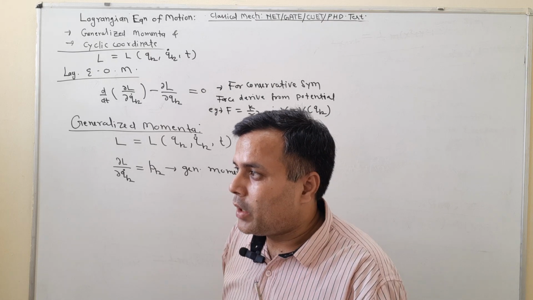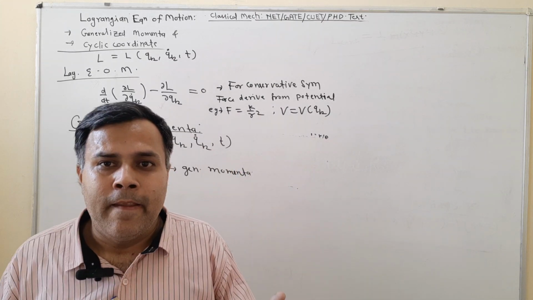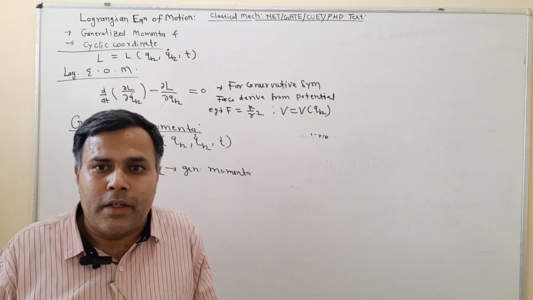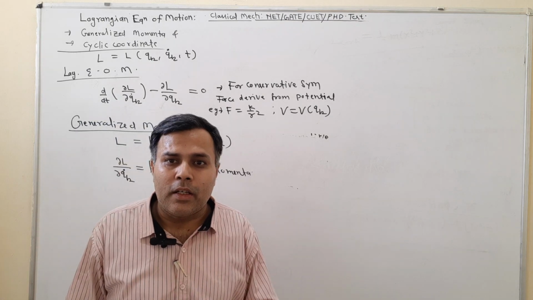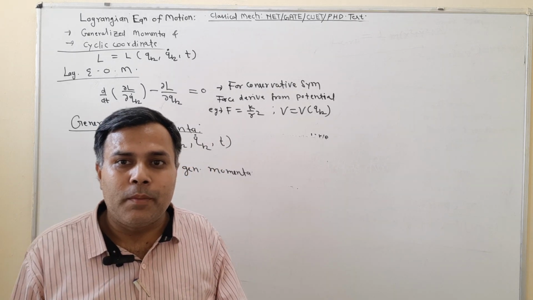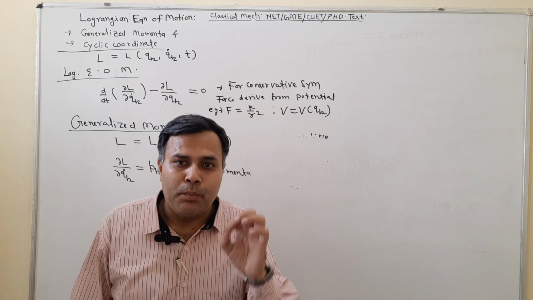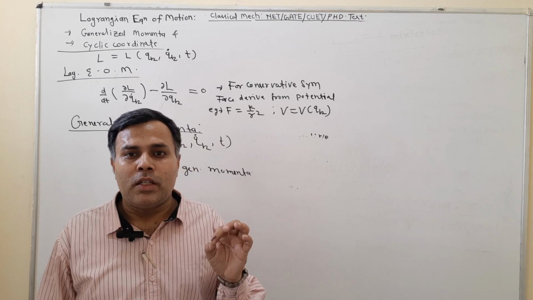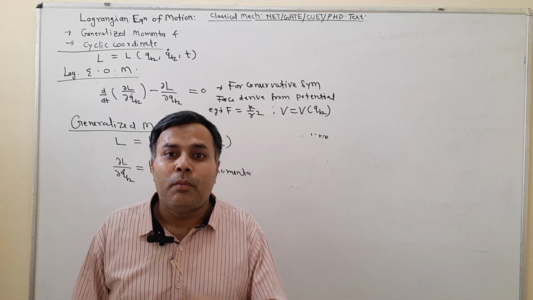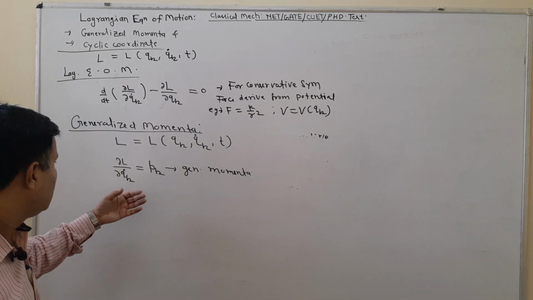If the generalized coordinate is length, then our generalized velocity is l dot, dl by dt, means dr by dt, which is velocity. If our generalized coordinate is linear momentum, simply p, then our generalized velocity is dp by dt, the rate of change of linear momentum, which is force. So it depends upon the situation.